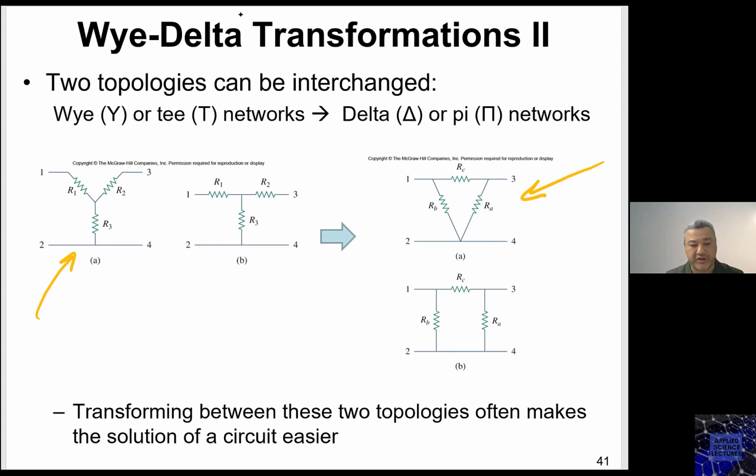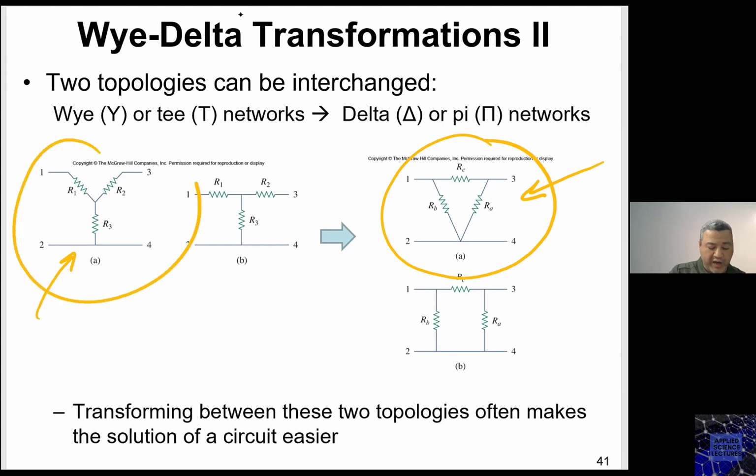it's a different topology. Now the Wye-Delta transformation is going to give me an equivalent circuit such that I can replace the one topology with the second one. So I have expressions that will allow me to replace this delta shape with this Y shape without losing the same performance of my circuit.